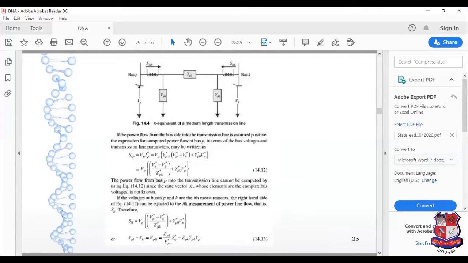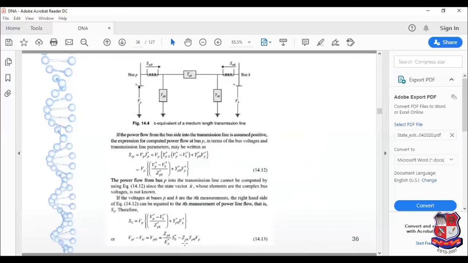So the inverse of this means H is equal to Ep by Zpk, or Vp by Zpk. Over here, if the angle is 0, then Ep is equal to Ep conjugate. If the angle is delta, then we have to take care of this. So H is nothing but the bus voltage divided by the impedance of that line.